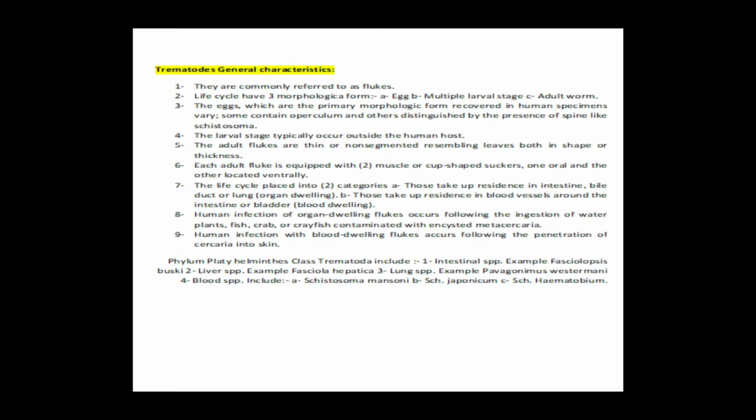The infective stage is the metacercaria, by contamination of the latest larval stage in its intermediate host, which is a plant, fish, crab, or crayfish. Whereas human infection with blood-dwelling flukes occurs following the penetration of cercariae into the skin, by infection with cercariae, not metacercariae.